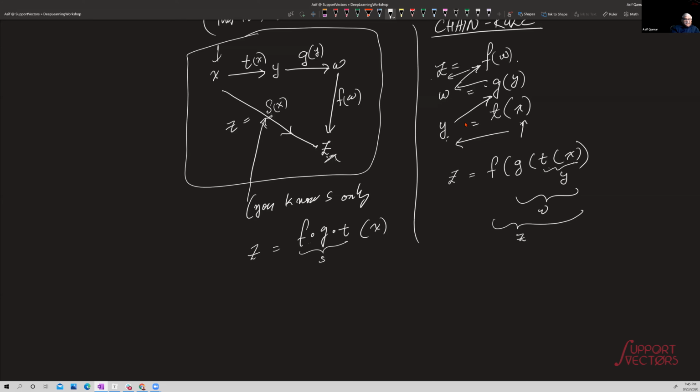So now comes an interesting question. Suppose x changes by a small amount, it becomes delta x, right? How much does z change? So you want to know what is the change of z with respect to small changes of x. So what we want to know is how much does z change, a small change of z with respect to small changes in x.